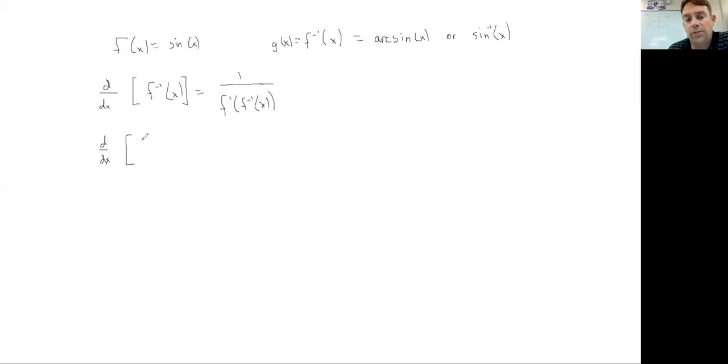If say I wanted to find the derivative of the inverse of sine, the first thing I'd have to do is figure out what is the derivative of sine. So if we come back here, the derivative of sine, again, this takes us all the way back to the beginning of the year. The derivative of sine is cosine. So we have our cosine of x. But in this case, we don't have our x in there. We have our inverse function, which is arcsine.